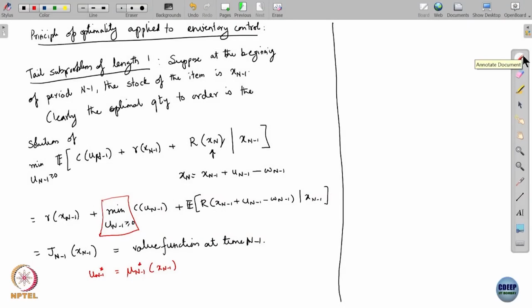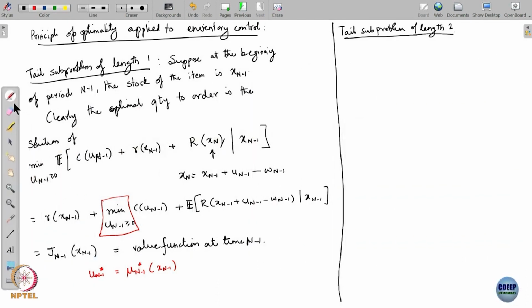All right, now let's go to tail subproblem 2, of length 2. So now we are moving to time instant n minus 2.